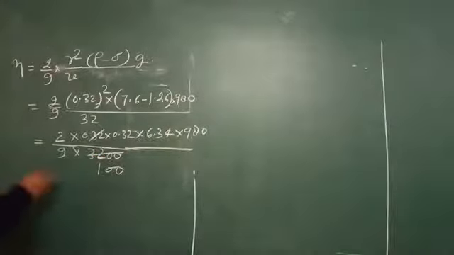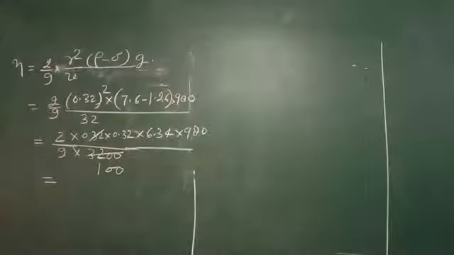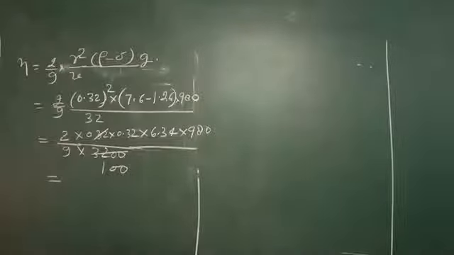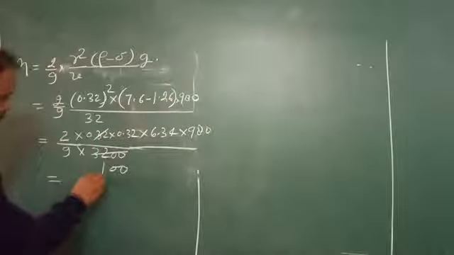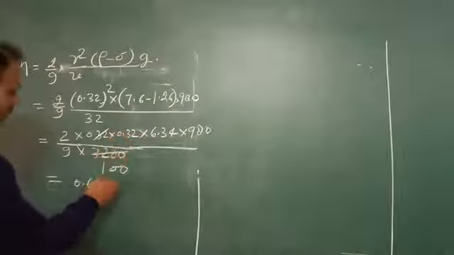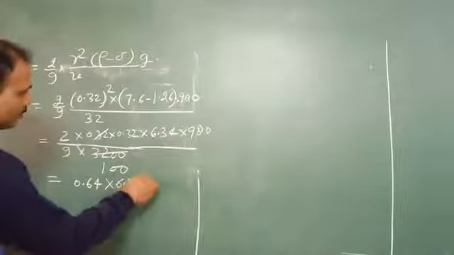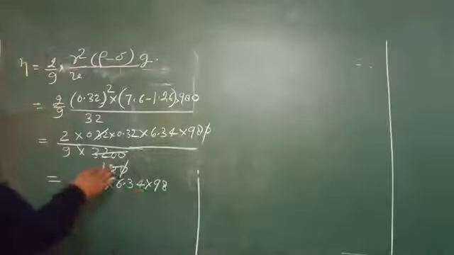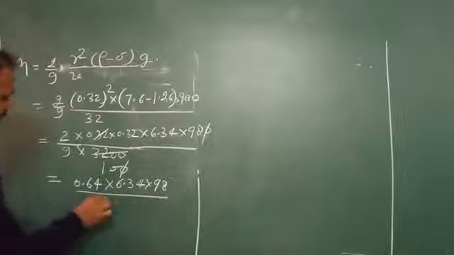And now we will calculate it. 2 2s are 4, 2 3s are 6, 0.64 multiplied by 6.34 multiplied by 980. The 0 of 980 cancels out with the 0, so it becomes 98 upon 90.